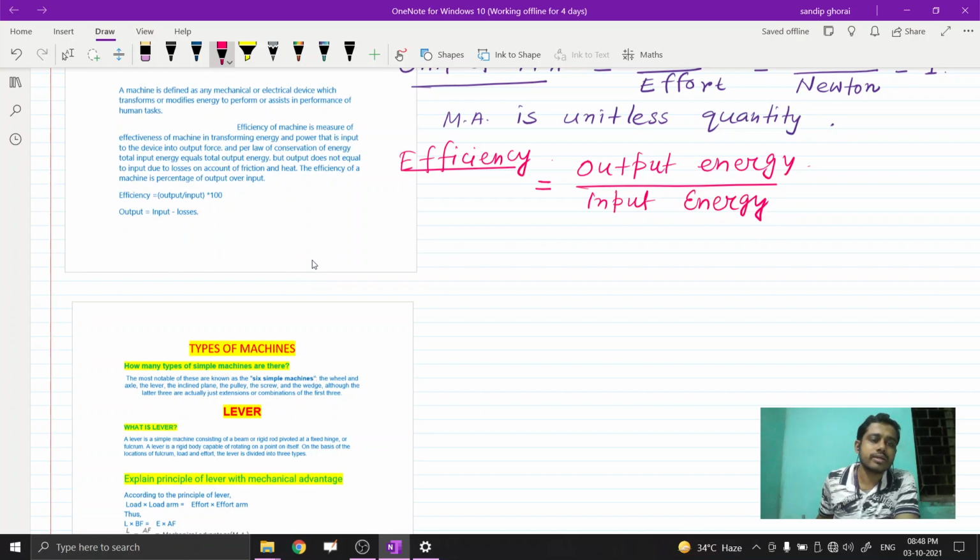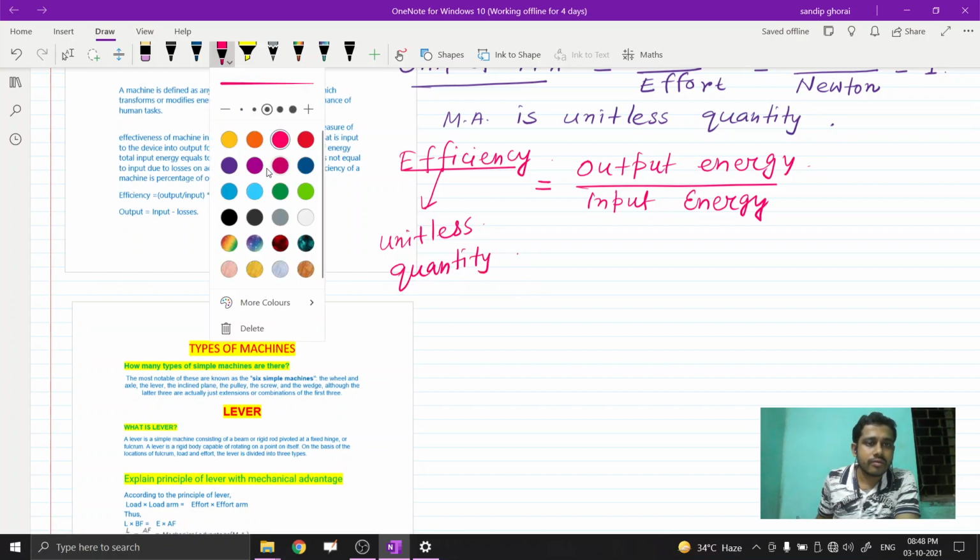That means it is the ratio of output energy to input energy. So efficiency is obviously a unitless quantity.